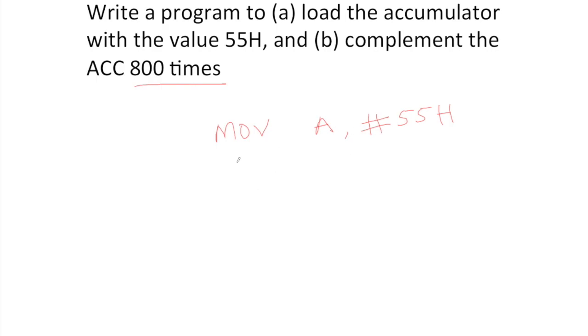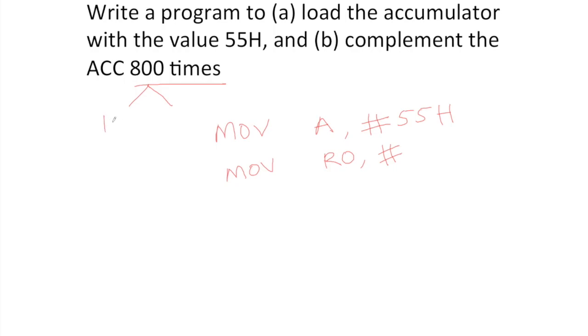So once this is done, we would need to initialize our loop counters. So let's store the loop counters in, say, register R0. So to get this loop to iterate 800 times, I can choose two loops.